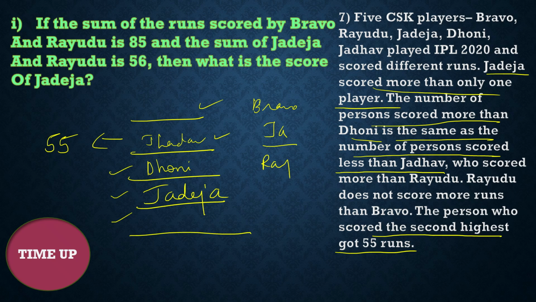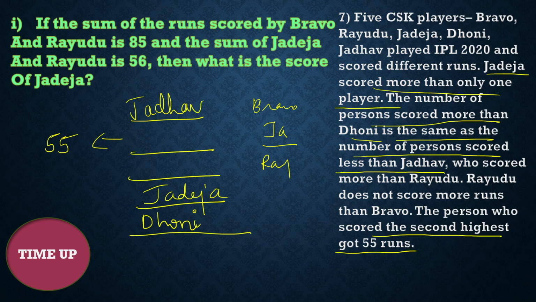So this can't be the arrangement. So where can we place it? What do you think? Where can we place Dhoni and Jadhav? If I place Dhoni here and Jadhav here, then it would be right.